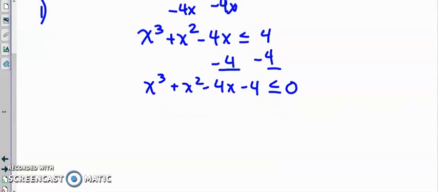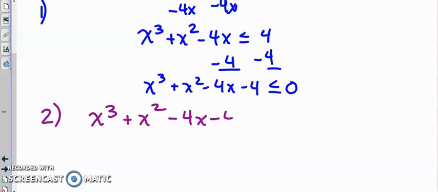All right, so step 2 says we're going to need to factor this down or solve this out as if this function were equal to 0. Okay, so with this, we're going to have to use factor by grouping. Now, you've seen this before.